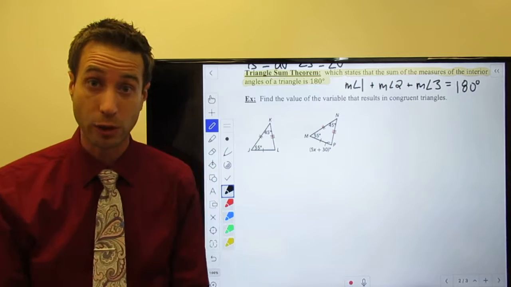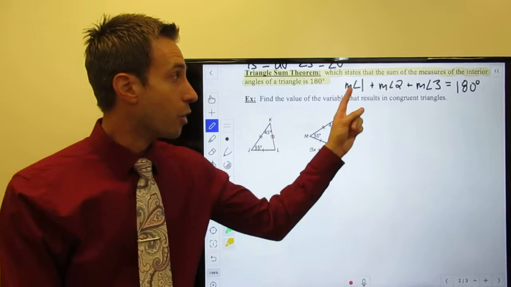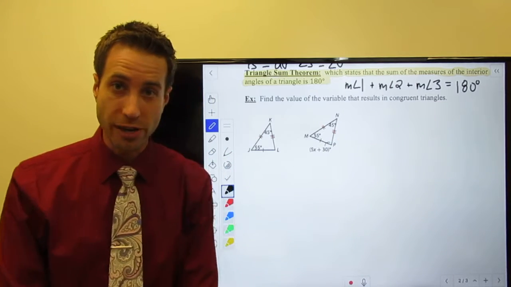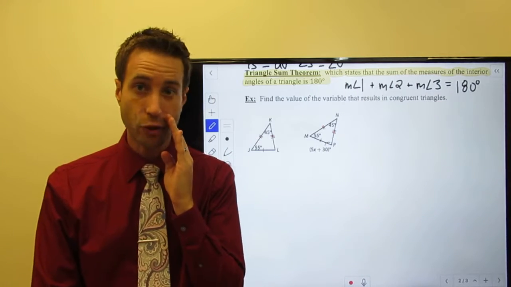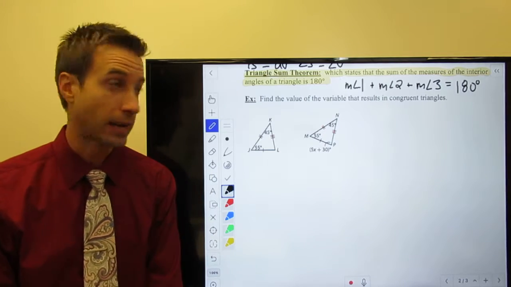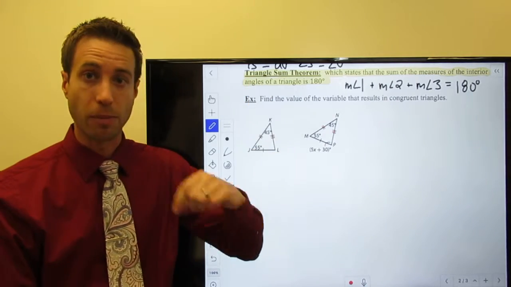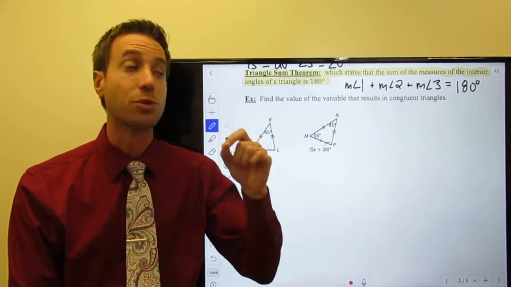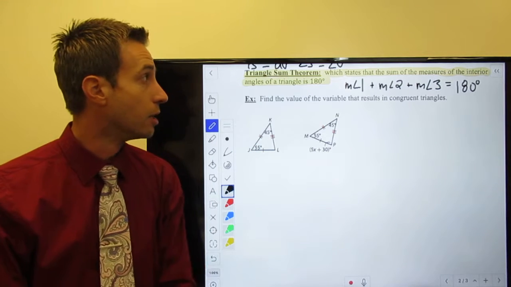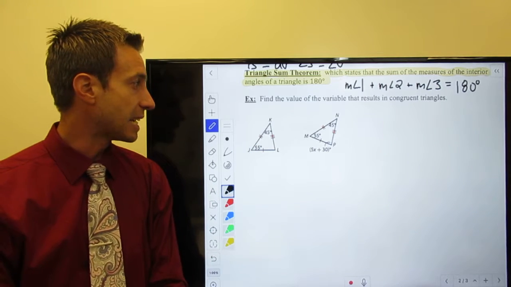That's how triangles work. If those 3 angles don't sum to 180 degrees, you don't have a triangle. Triangle sum theorem: all 3 interior angles must sum to 180 degrees.